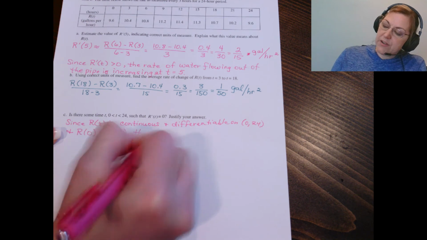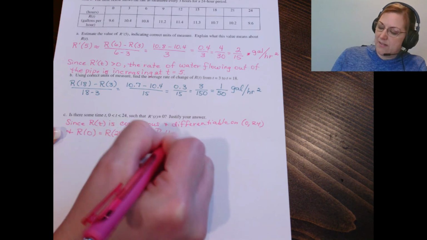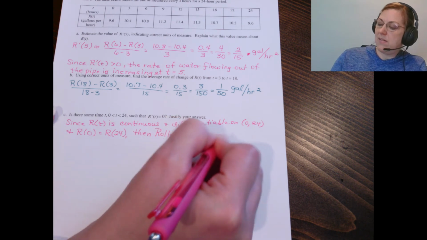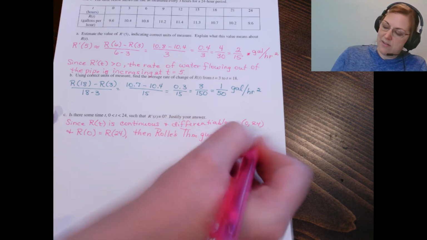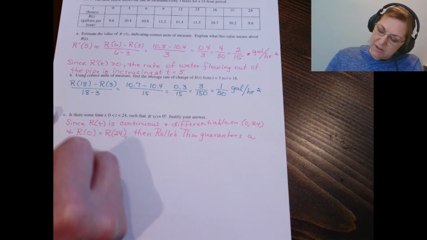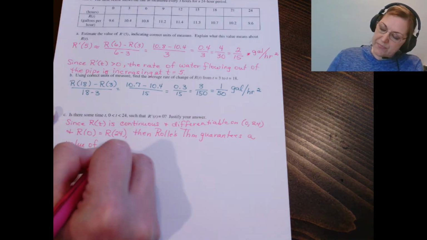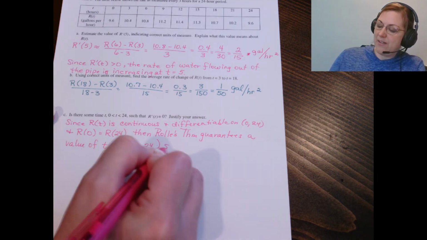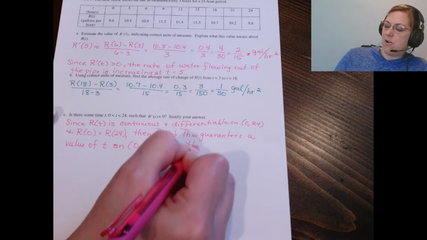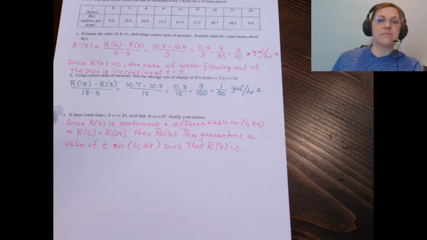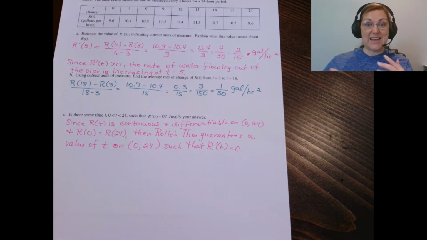Then Rolle's theorem guarantees a value of t, and I'm going to use t here instead of c, on the interval from 0 to 24, such that R prime of t equals 0. Okay, all of that is necessary for the justify your answer part.